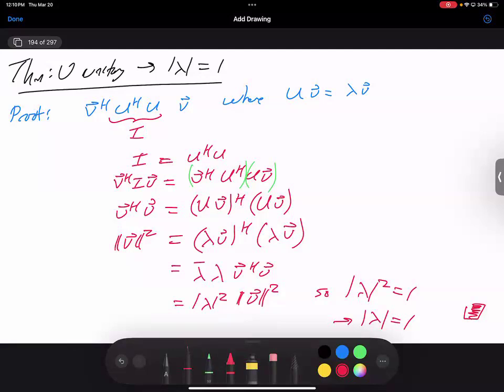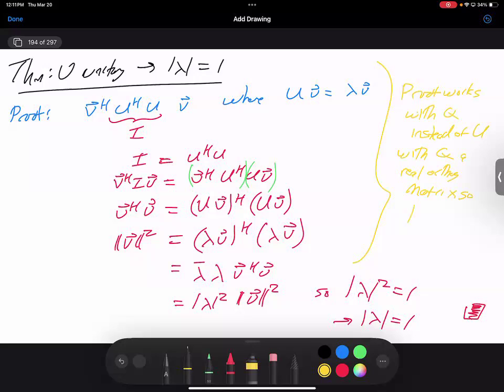Yes, the proof works with Q instead of U, with Q a real orthogonal matrix. So the absolute value of eigenvalues equals 1 if Q is real orthogonal, because a real orthogonal matrix is also a unitary matrix.